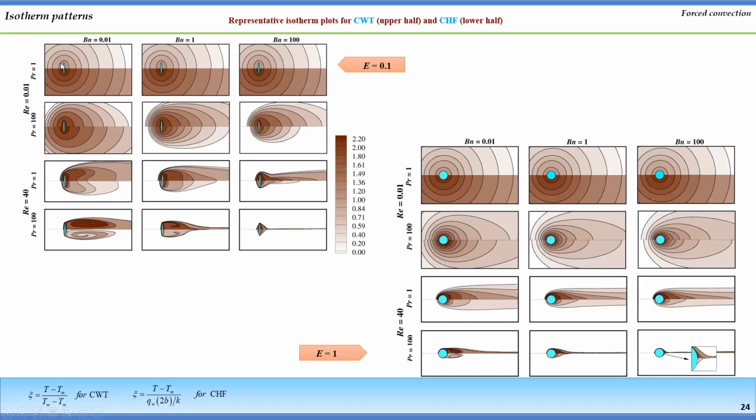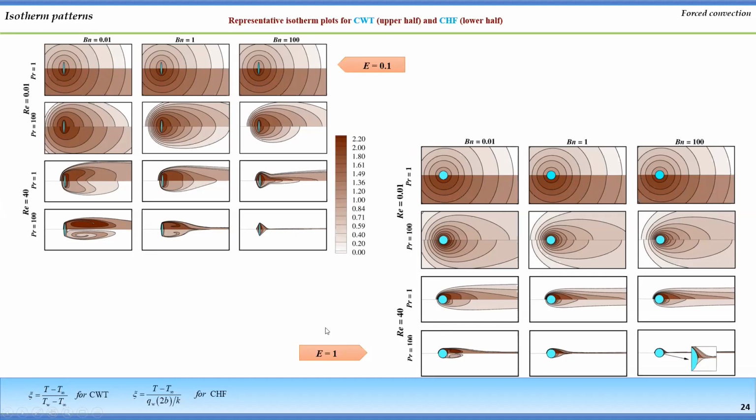You can see the shape of these isotherms for low Reynolds number is not much different for different shapes of geometry, but at high Reynolds number the shape of these isotherms is modulated because of the presence of the different shape of geometry.